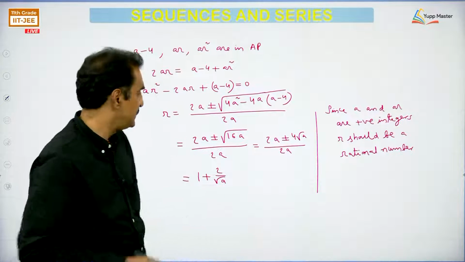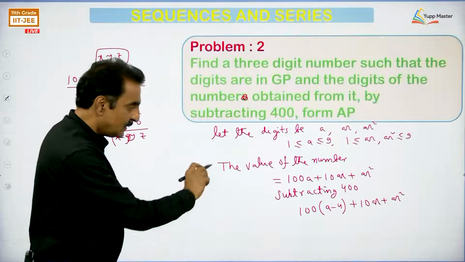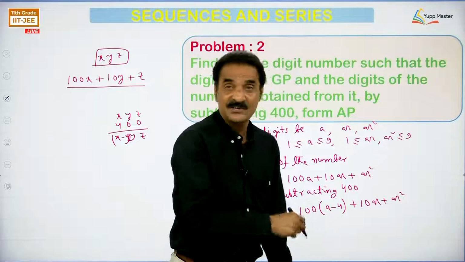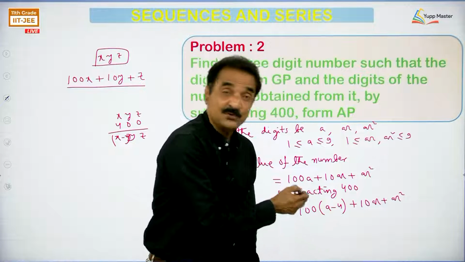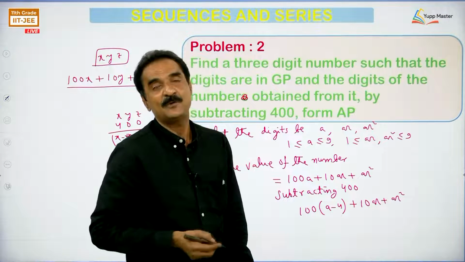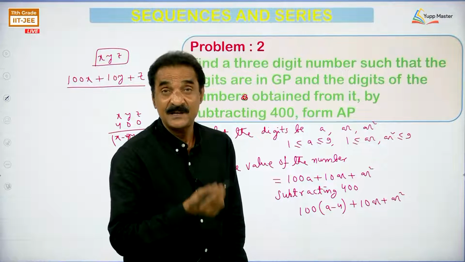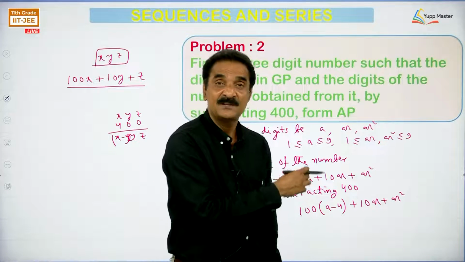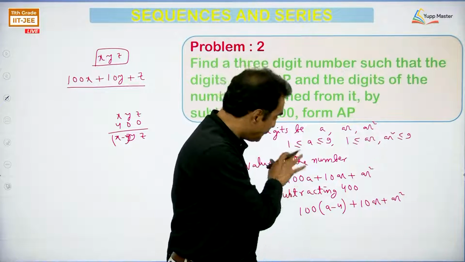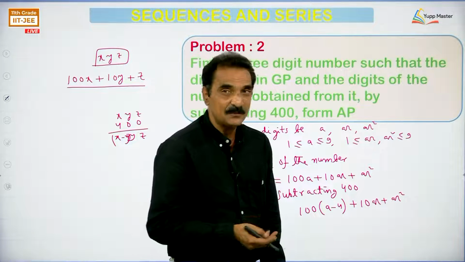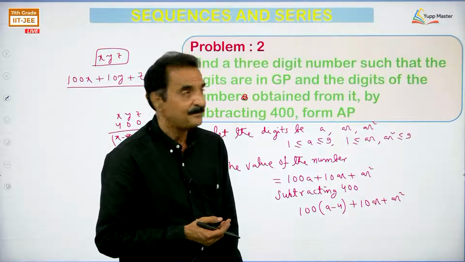This is one point, and another point is that after subtracting we must get a 3-digit number only. That means a minus 4 should be greater than or equal to 1, am I right? Because a minus 4 is the digit in hundreds place after subtracting 400. So a minus 4 should lie between 1 and 9.